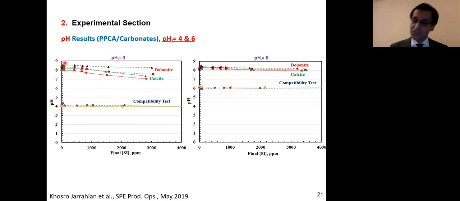However, after addition of the carbonates into the system, the final pH is increased because of rock dissolution, and then the system is buffered due to the presence of the carbonates. And if you look at the final pH for dolomite and calcite, again, as I already showed you for DETPMP, the final pH for dolomite is higher than that for calcite.